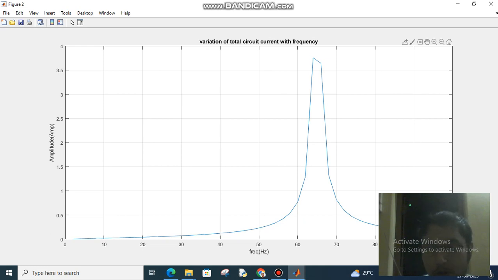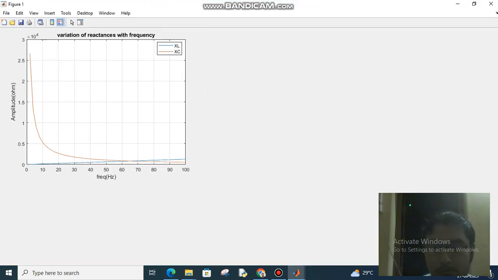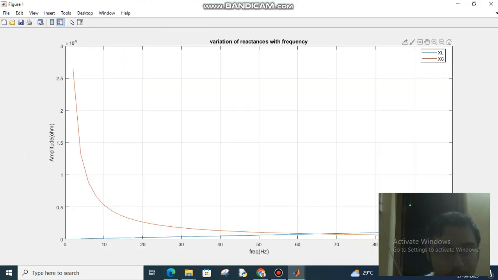We get the same type of response from the current, and the peak occurs between 60 and 70 Hz. Now you can check the variation of the reactances of both the inductive and capacitive parts of your circuit. The purple line represents the variation of capacitive reactance, and the blue line represents the variation of inductive reactance.